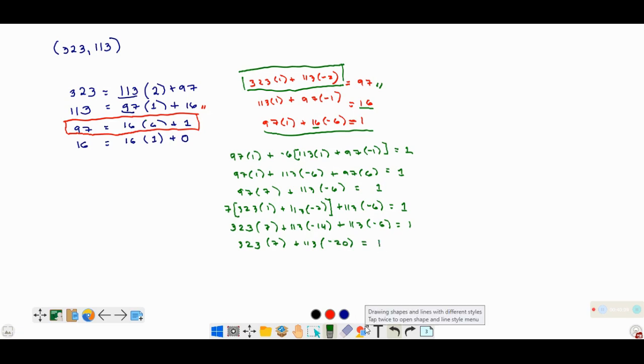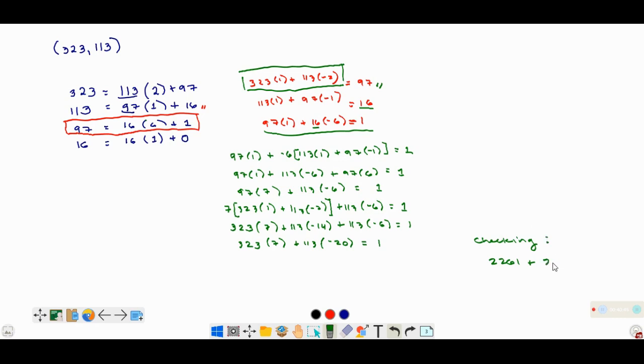Now, let's check. For the checking, ito daw yung dalawang integers na magbibigay sa'yo ng 1. So, multiply lang natin si 323 by 7. 323 times 7 is equal to 2,261 plus 113 times negative 20.